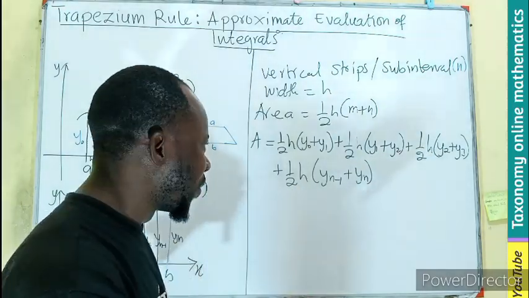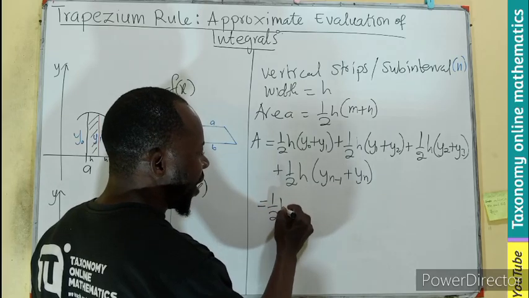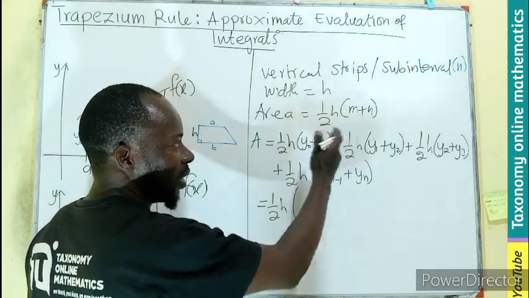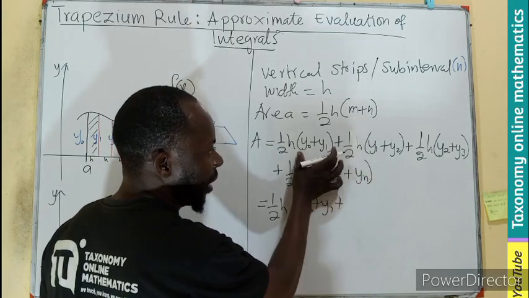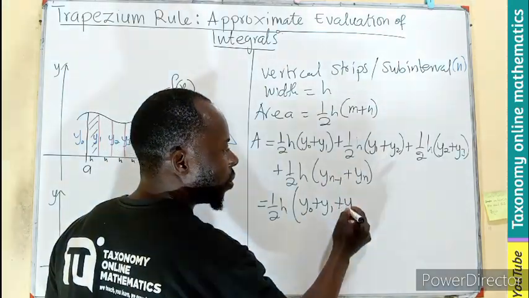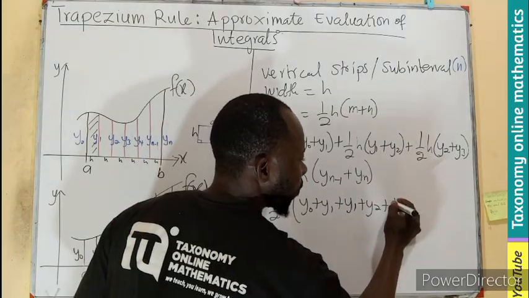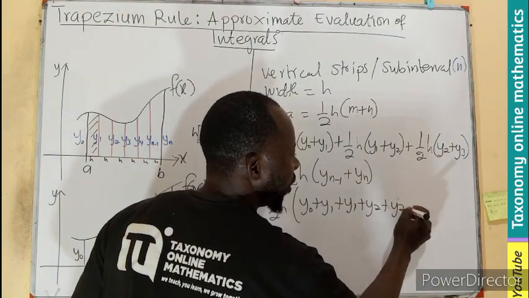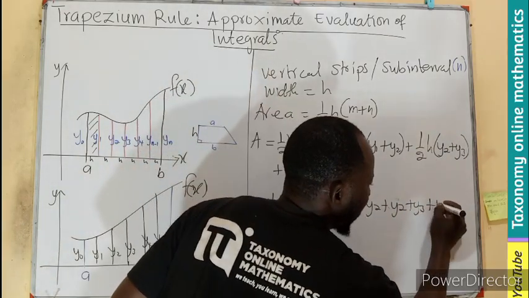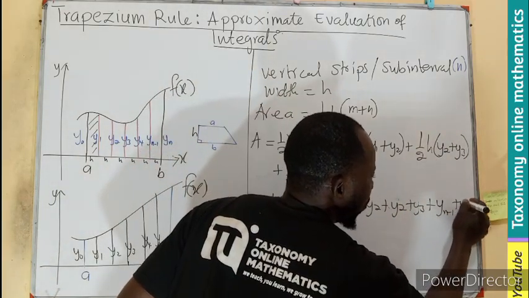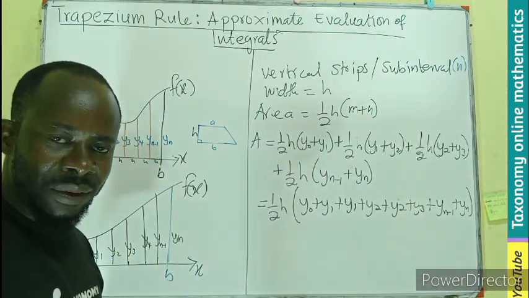So I'll be factorizing this to have my area half h into bracket, leaving y0, y1 in the case of this, y1, y2 in the case of this, y2, y3 in this case, then yn minus 1, yn. We get that? We are adding them.